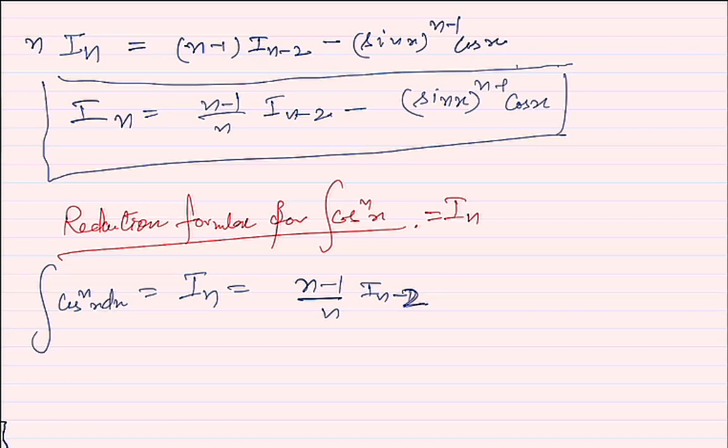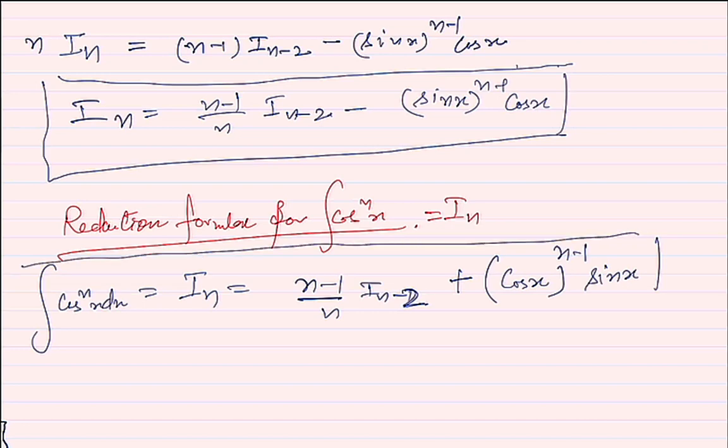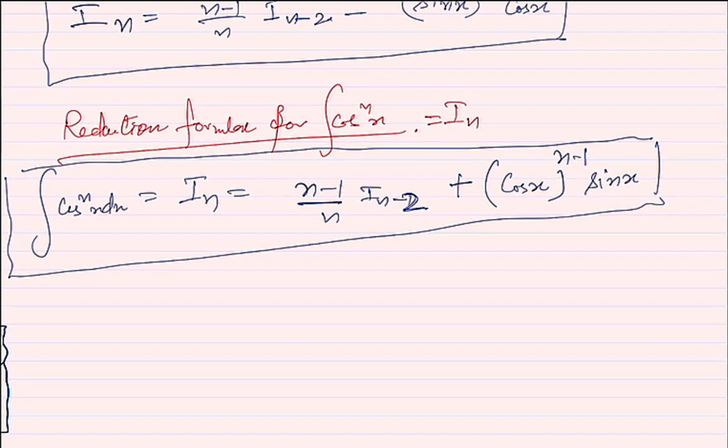So in fact instead of minus you have plus, and sin x is changed to cos x, and cos x is changed to sin x. Okay, so if you remember the reduction formula for sin x, it is easy to remember for cos x, and no doubt you will also have the reduction formula for tan x.